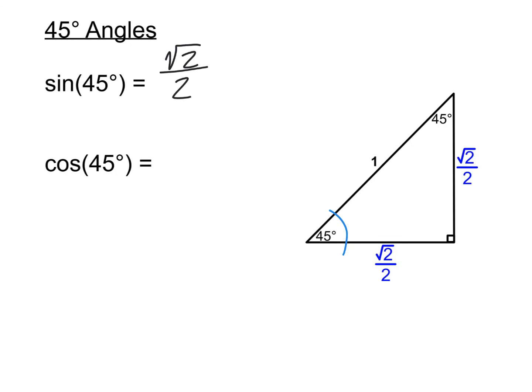Now that looks kind of ugly: root 2 over 2 over 1. But thankfully it cleans up pretty nicely, because what's anything over 1? It's just itself. So it's just root 2 over 2. That's the exact value of sine of 45.